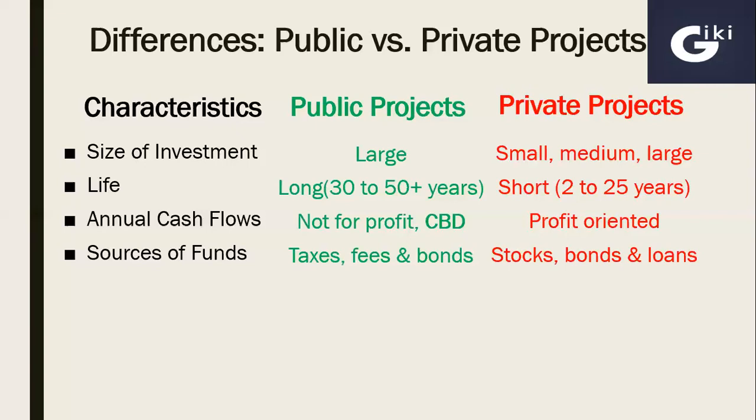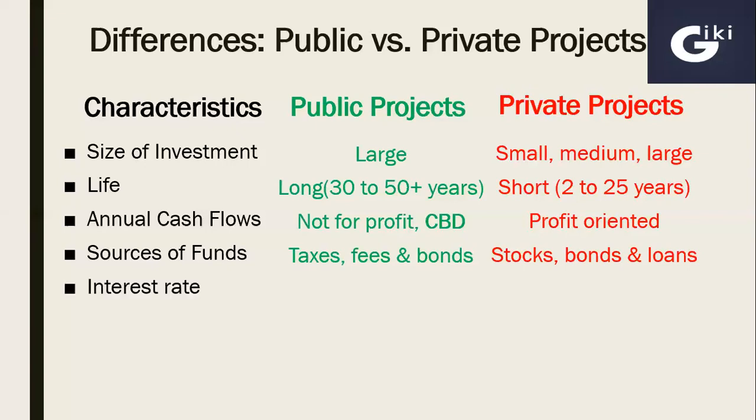Similarly, government can issue bonds to raise funds from general public for a specific purpose. On the other hand side, private sector projects can raise funds by issuing their shares or issuing bonds, or they can go to financial institution or any other lender for getting loans to finance their projects.